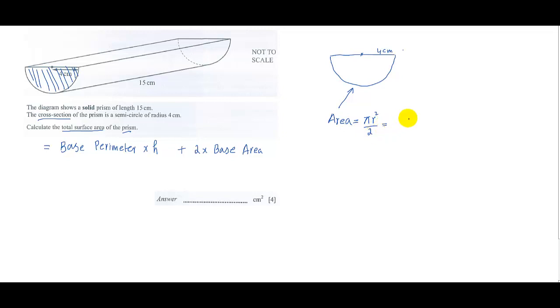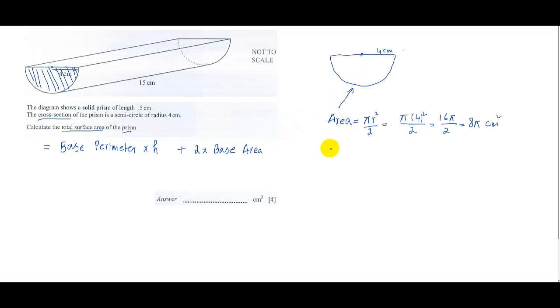So let's plug in pi, radius is 4, 4 square over 2, it is 16 pi over 2, which is 8 pi. This is the area in centimeter square.